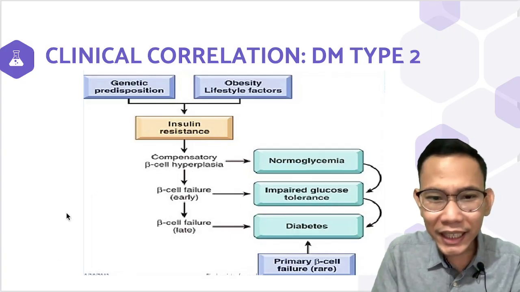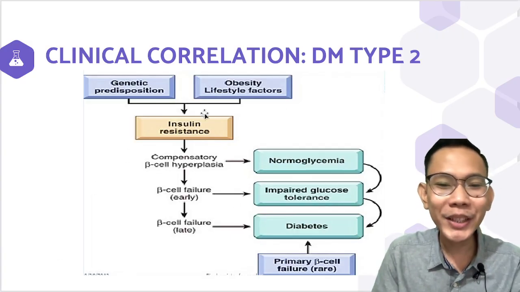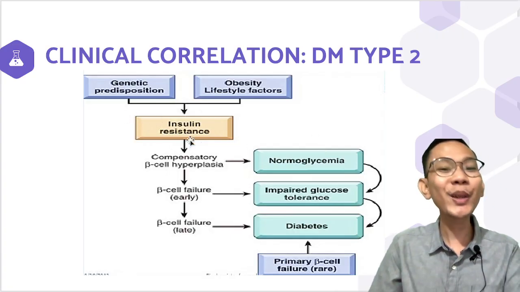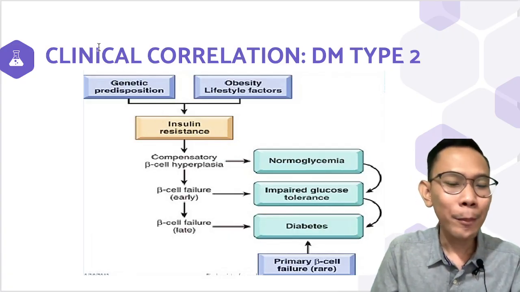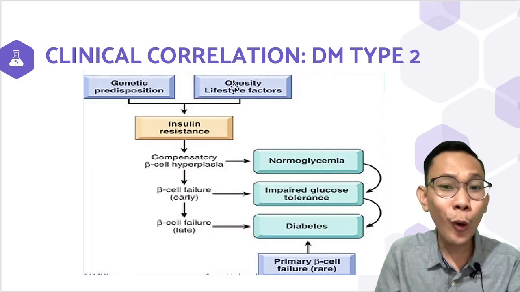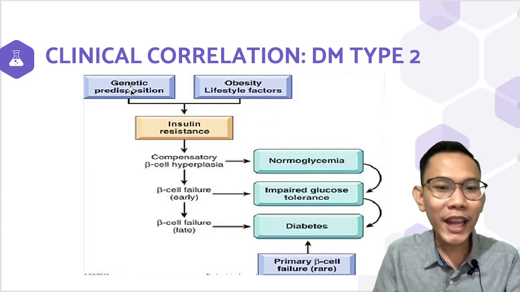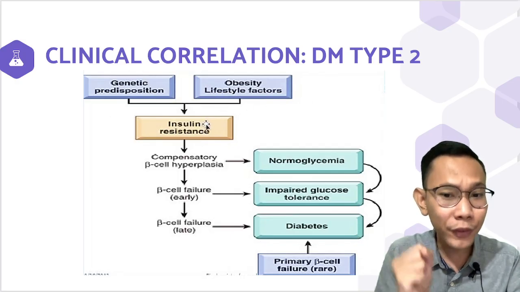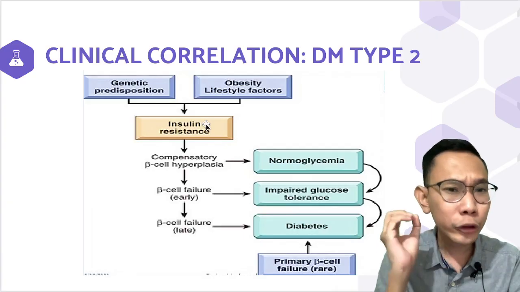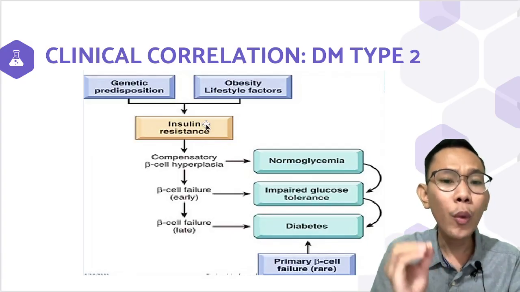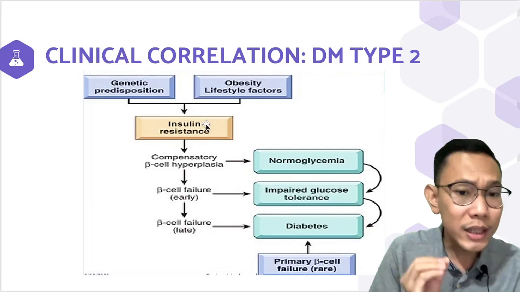Sige, in more technical terms, itong nangyayari, again, there are a lot of factors bakit nagkakaroon tayo ng insulin resistance. It could be brought about by genetic predisposition, lifestyle factors, or obesity. So again, all of these factors may lead to insulin resistance. At first, kahit meron kang insulin resistance at an early stage, our pancreas will compensate to that insulin resistance.